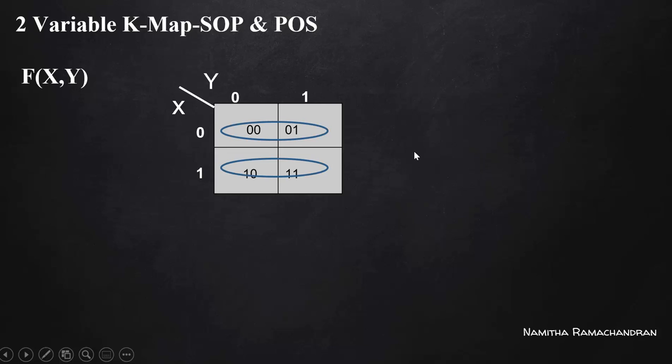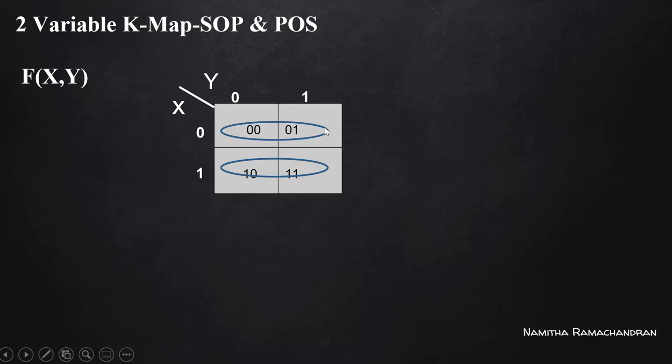Okay, so next is about the grouping. Here we can generate different groups, and the group must contain cells as a power of 2. Here it is a group with 2 cells. 2 cells means 2 to the power 1.